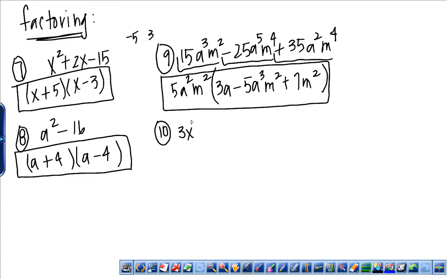How about 3x raised to the 3 halves minus 9x raised to the 1 half plus 6x raised to the negative 1 half. Okay, now on this one, again, I see 3 numbers. I definitely see a 3 I can take out. I see an x.